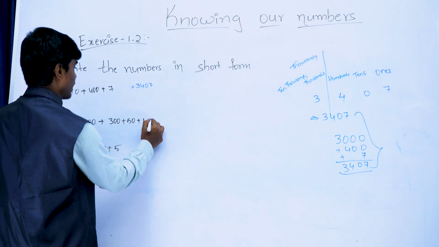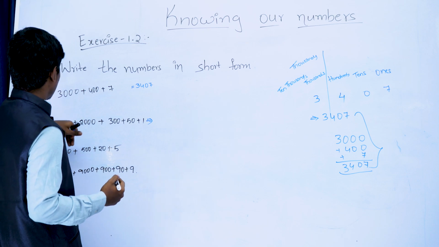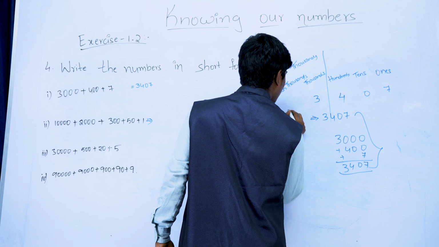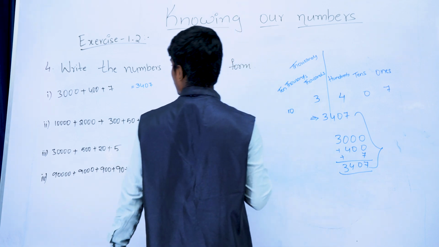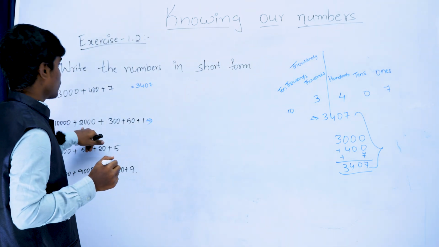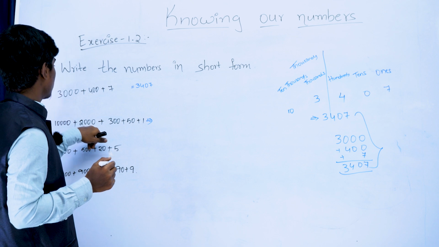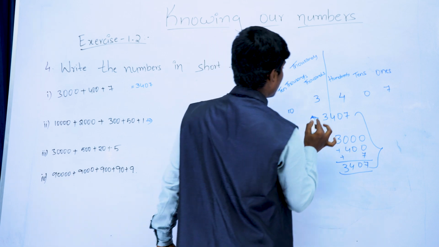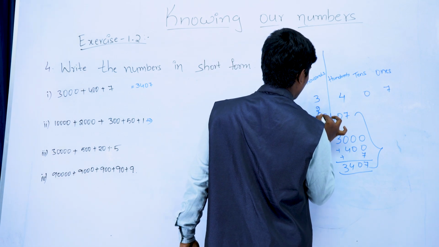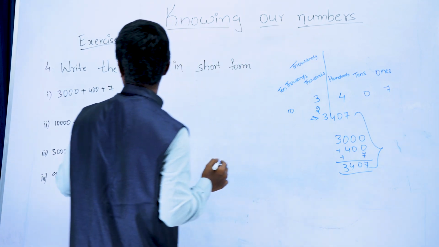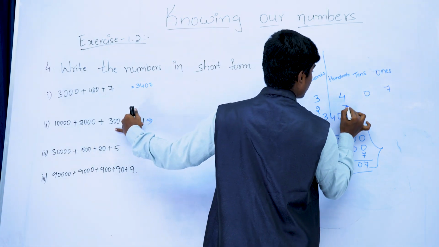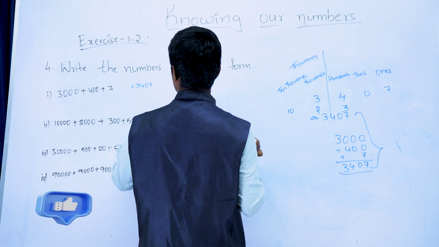Now coming to the second, he gave 10,000. In 10,000s place we have to write 10 thousands plus 2,000. Here we have to write 2. And in hundreds place we got 3, and here we got 5.